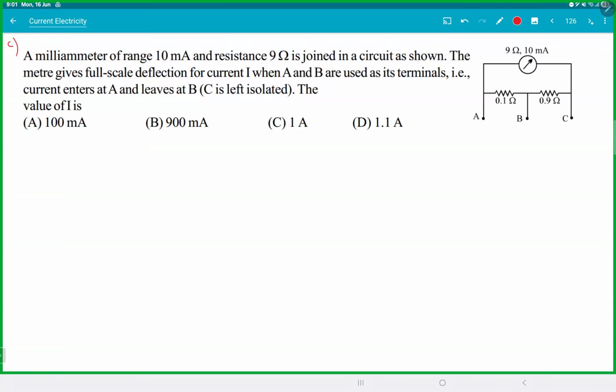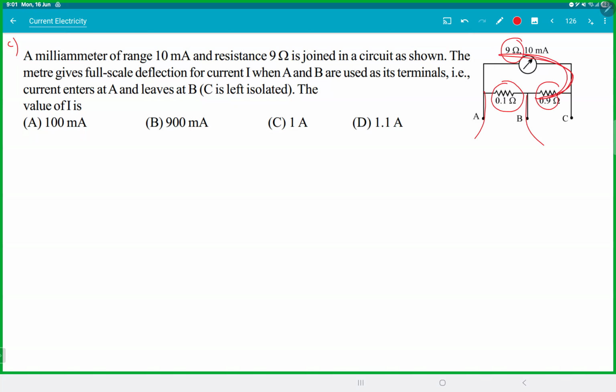What is the catch here? Now see, if you blindly remember the formula without understanding, you will be trapped. If you connect the battery between A and B, this 0.1 will become the shunt resistance. And if you ask this resistance what is RG, it will think this 9 and 0.9 are part of one system, isn't it?